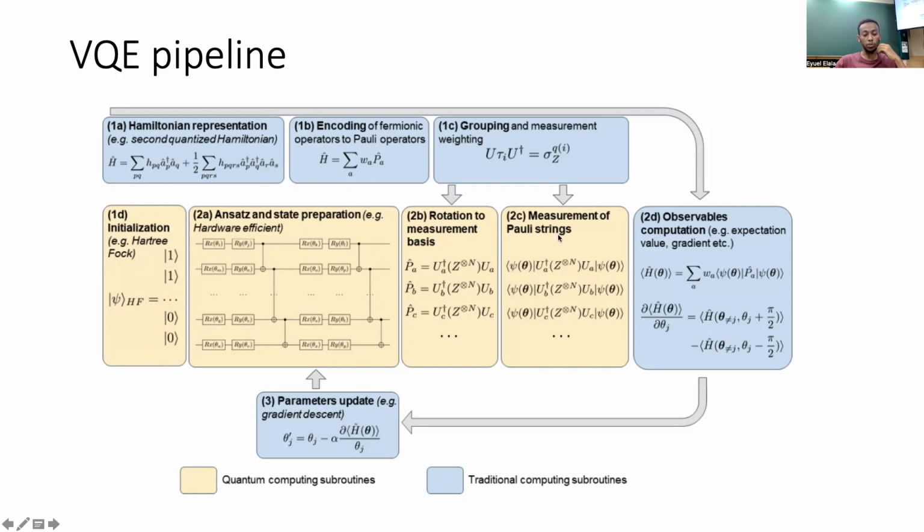And we have measurement. We need to measure the expectation value as we see from the equation in the previous slide. And this algorithm is run through an optimization loop, by updating the parameters and so on.